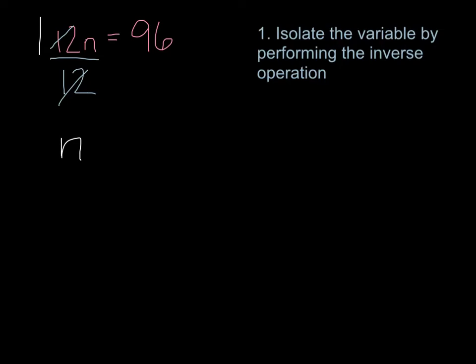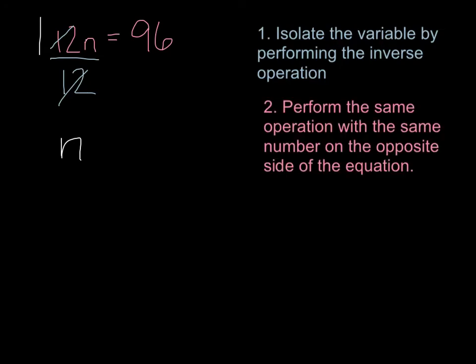So we've successfully isolated our variable, but we're not quite finished yet because our equation is not balanced. In order to keep our equation balanced, since I divided by 12 on this side of the equation, I also have to divide by 12 on this side of the equation. So now I have to do 96 divided by 12, and that gives me 8.